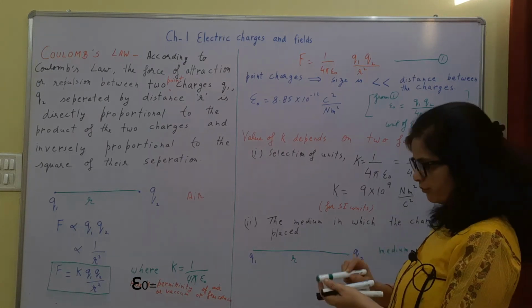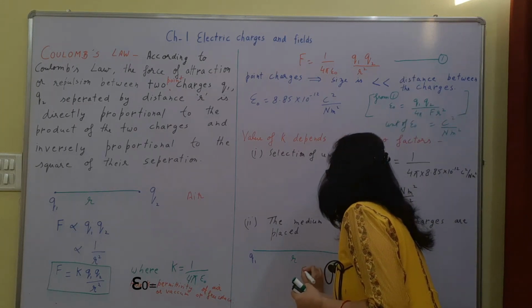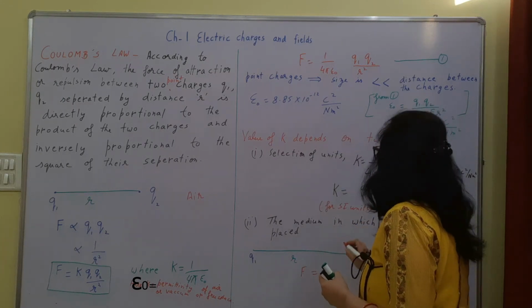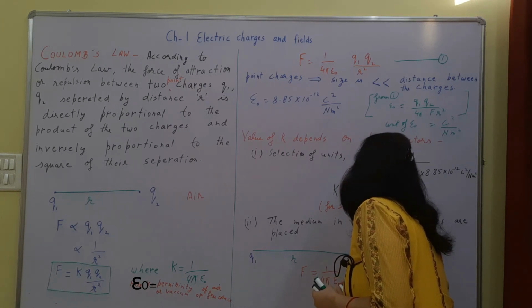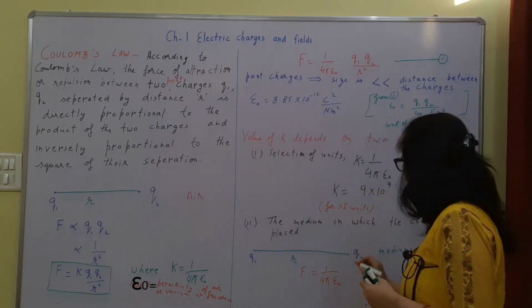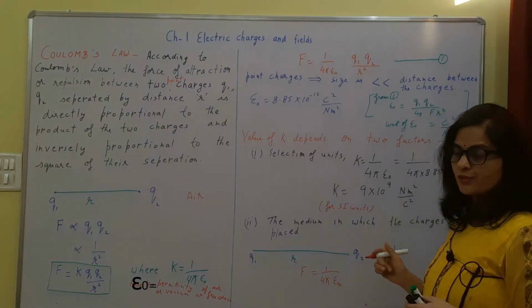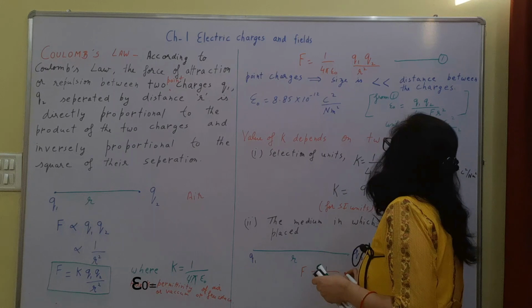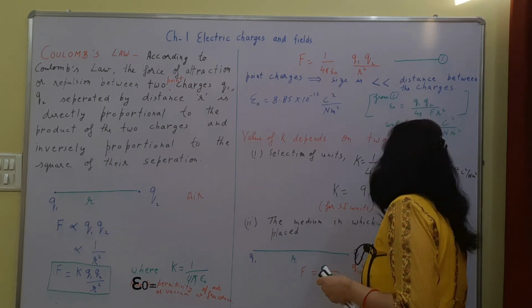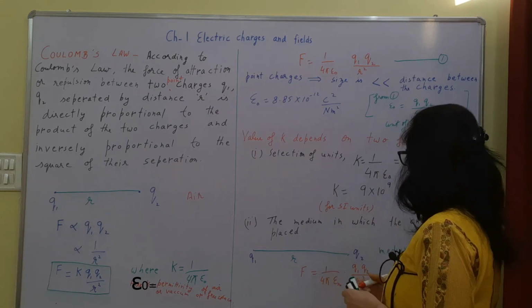Then what will be the formula? We will write the formula like this. F between these two charges is equal to 1 by 4 pi permittivity of medium. That means how much that medium permits the electricity to pass through it, or you can say the electric field. So this is Q1, Q2 upon R square, right?